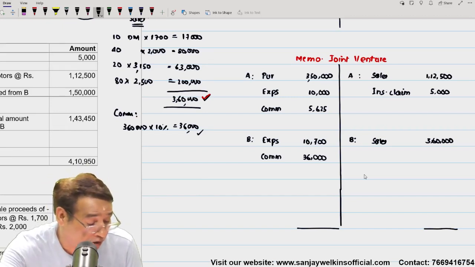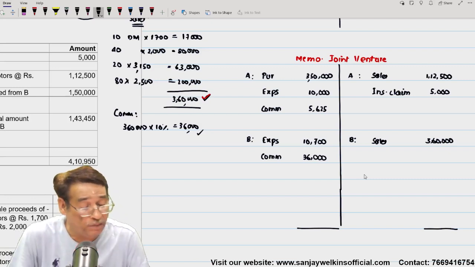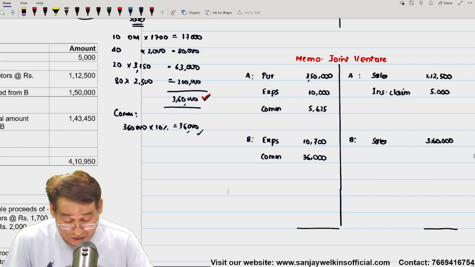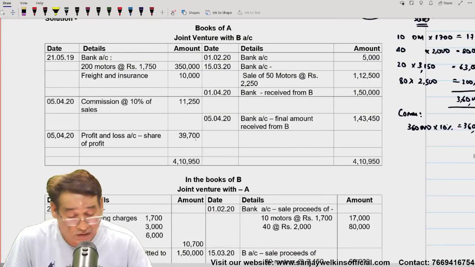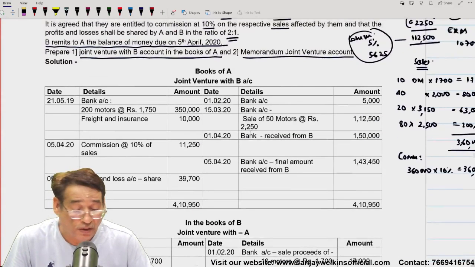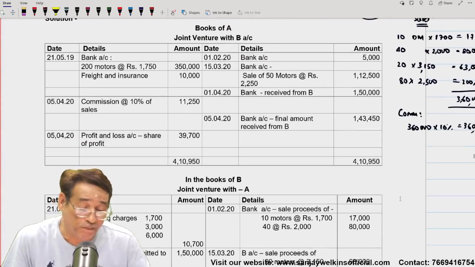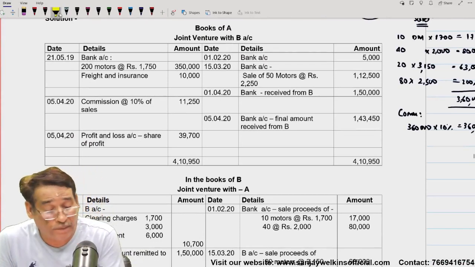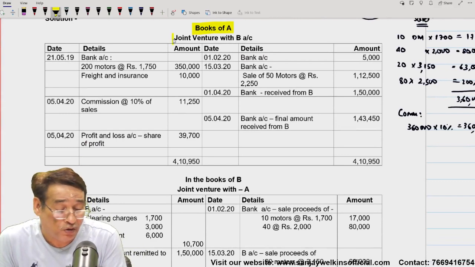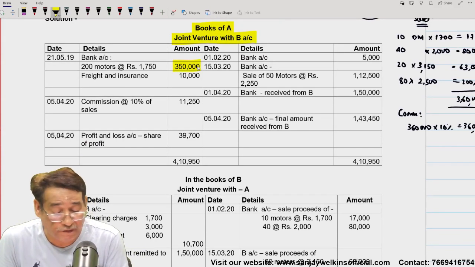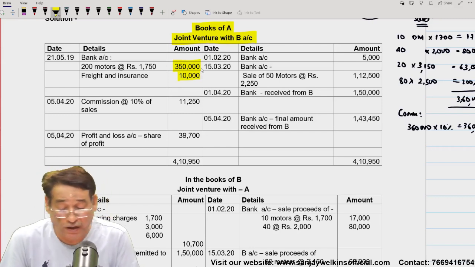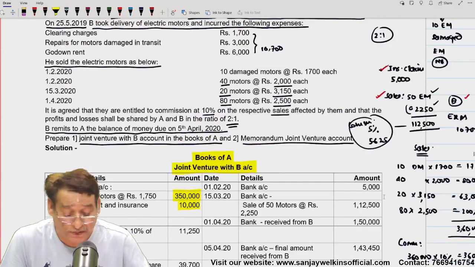let me see whether I have written all the items or not. Let me also check here. In the books of A, we have prepared joint venture with B account 3,50,000, we have written 10,000, and commission is 10% or 5%?